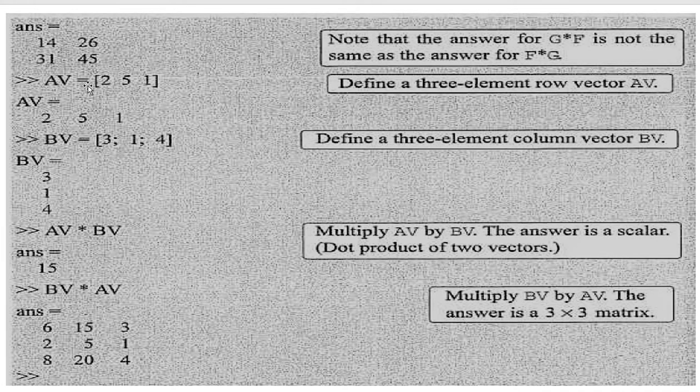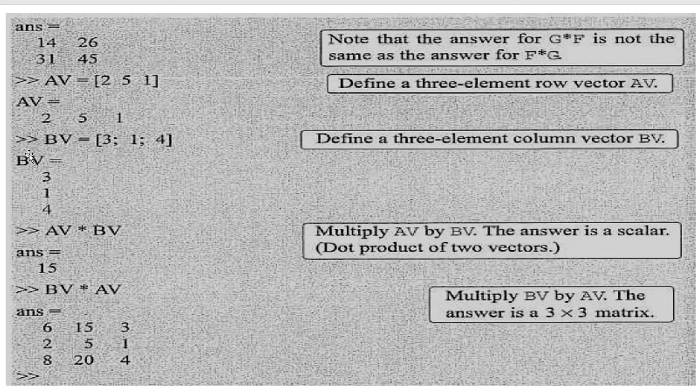Suppose for example we create another matrix, a single row matrix AV and another one BV. This is 3 rows 1 column. This is 1 row 3 columns. Here 3 rows 1 column. So the number of columns in AV is equal to the number of rows in BV. So therefore we can multiply AV star BV, and possibly another way, BV star AV, that is BV 3 rows 1 column.